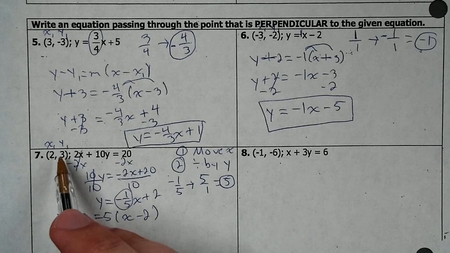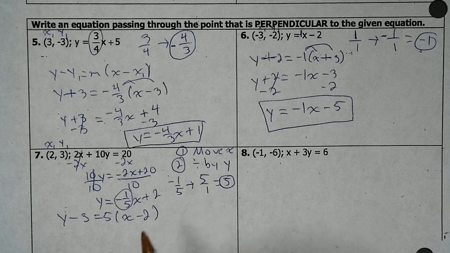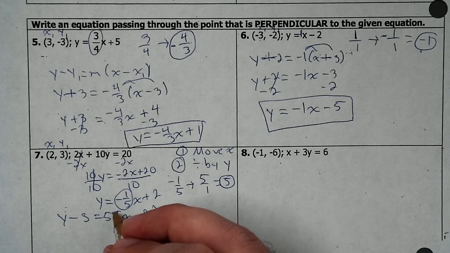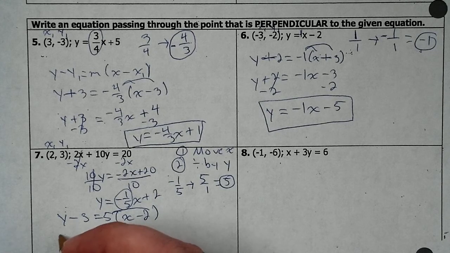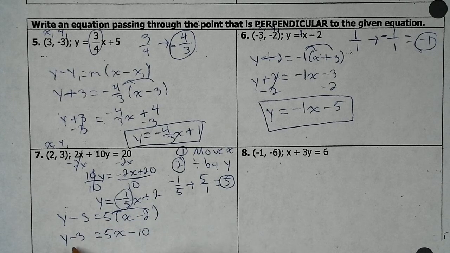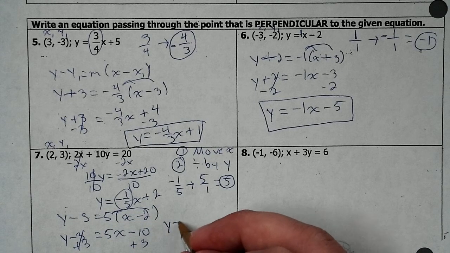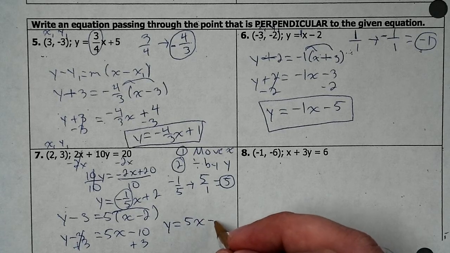All I did, plug in my x1, y1, and my slope. Distribute, so that's going to be 5x minus 10 equals y minus 3. And then I just have to move this minus 3, so plus 3, and I get y equals 5x minus 7.